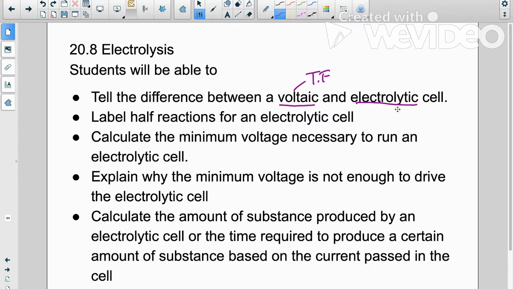An electrolytic cell is going to use electricity to drive, okay? There's going to be a voltage source that drives a thermodynamically unfavorable reaction. Okay, so we'll take a look at the electrolytic cell.